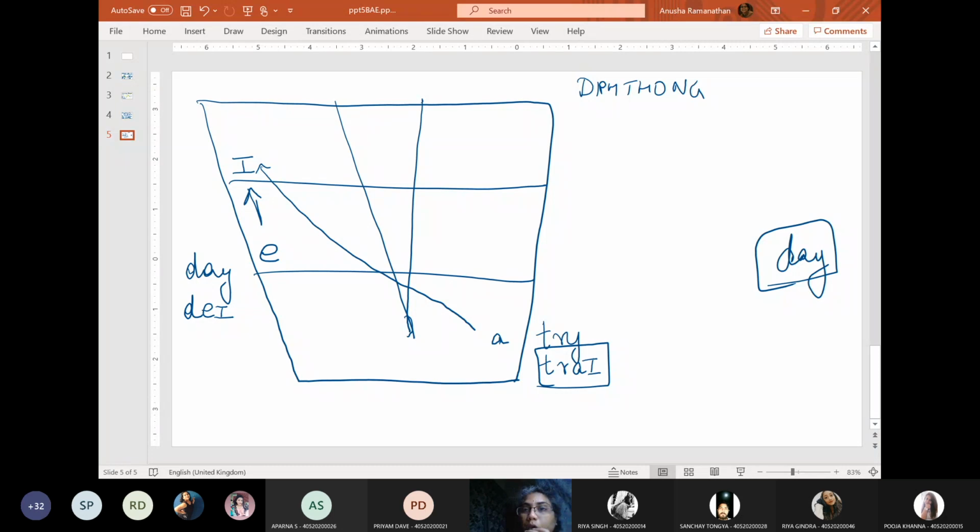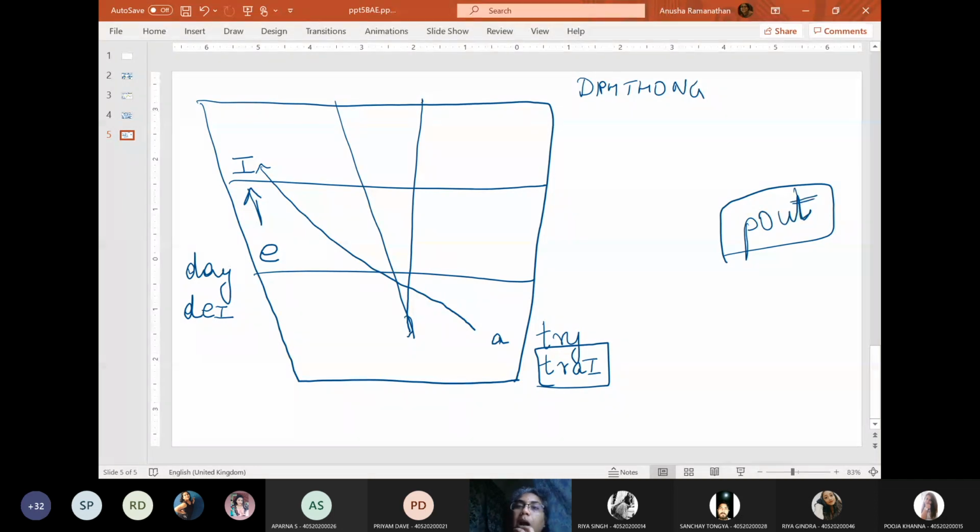So the diphthongs are basically going to be clubbed in with this. Another word that I can ask you for is, how will you pronounce pour? Let's not do pour. Let's do, how will you pronounce pout? Exaggerate the sounds. How will you write it in Hindi? Pout. A-U.